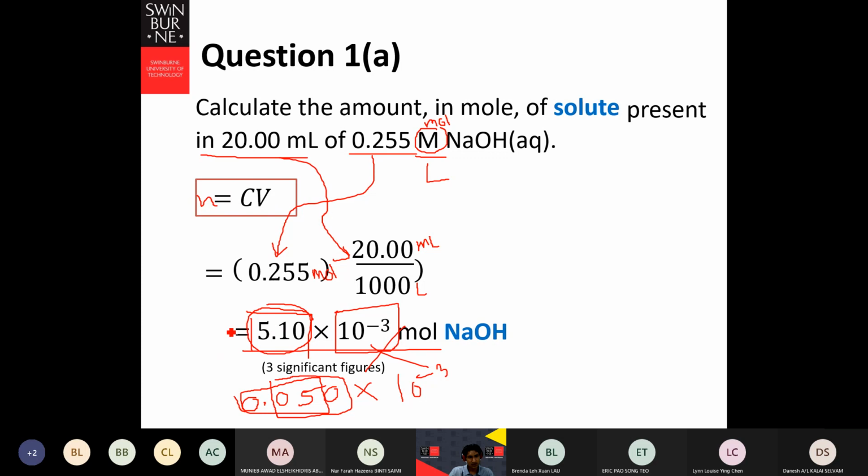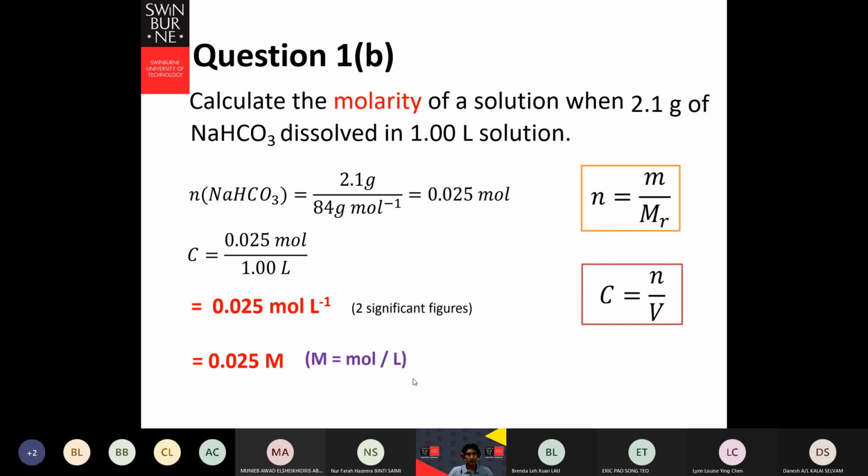Before the decimal, we do not count that one. And if it were 5.100, it would be 4 significant figures. If it were 0.5100, it would still be 4 significant figures, because the 0 before the main figure is not counted. I think you all know that one.